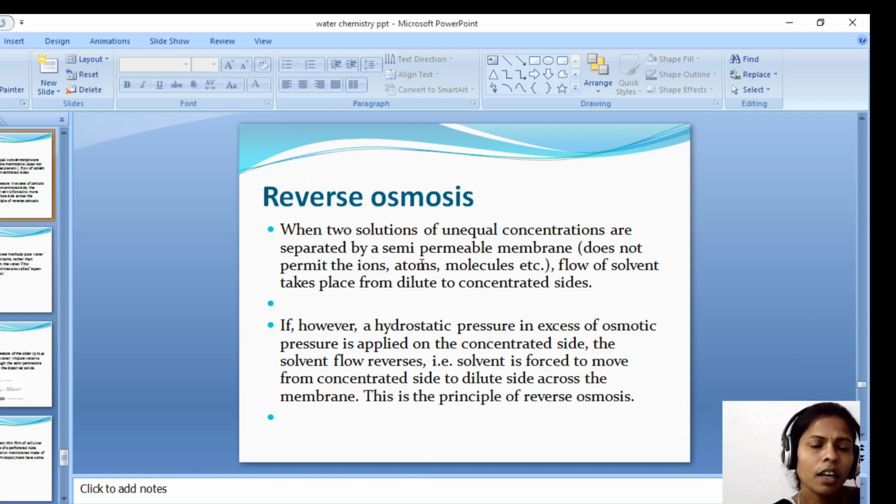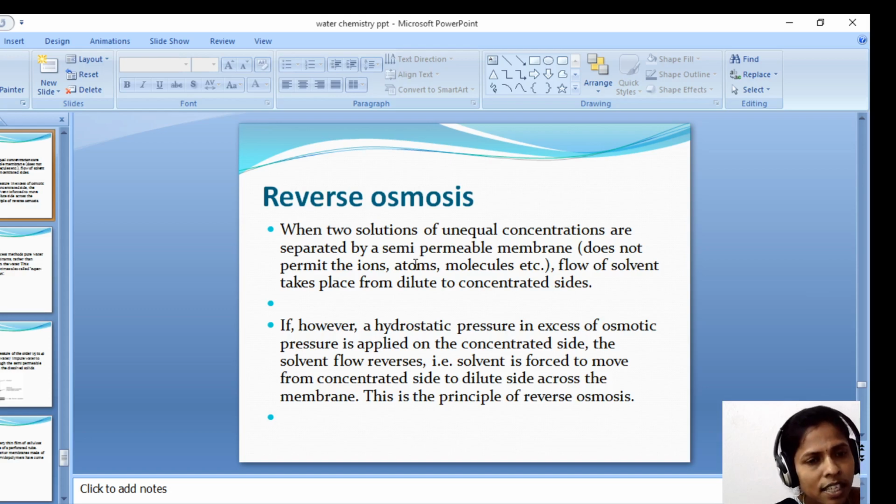We know that for domestic purposes we use RO purifiers. RO is nothing but the reverse osmosis technique. Whatever purifiers we use at home involve the RO principle, that is, the reverse osmosis principle. Reverse osmosis is the reverse process of osmosis.